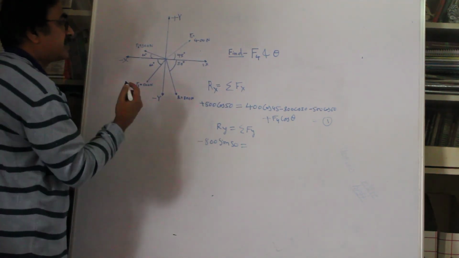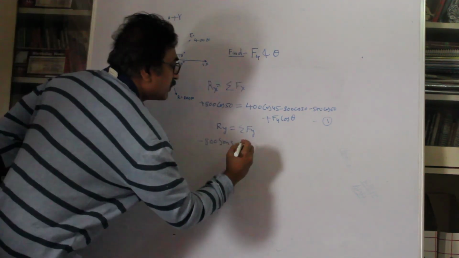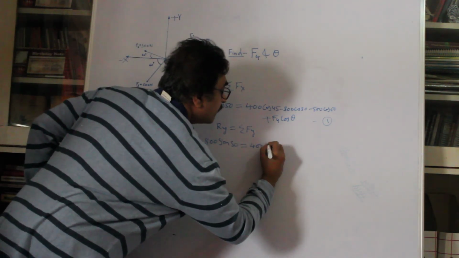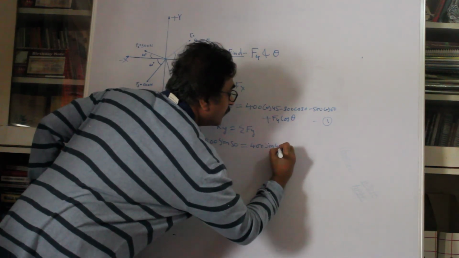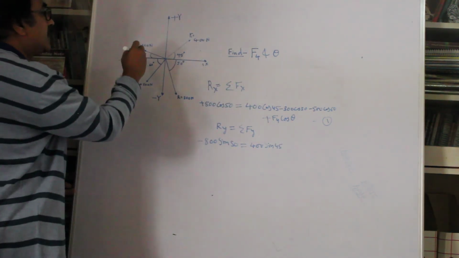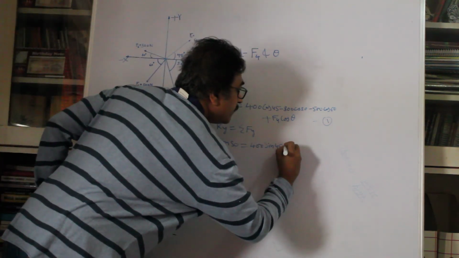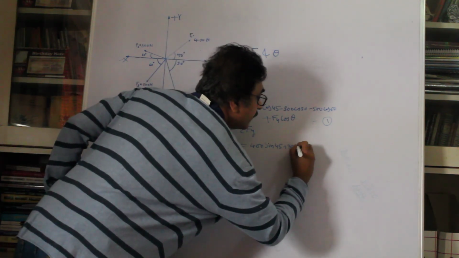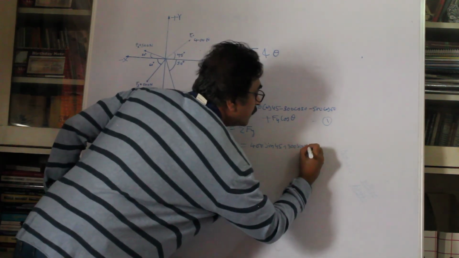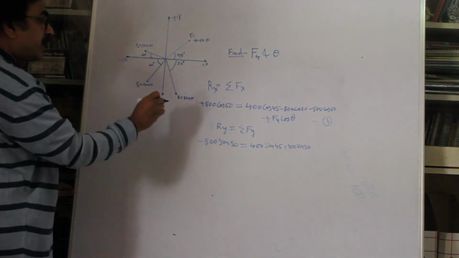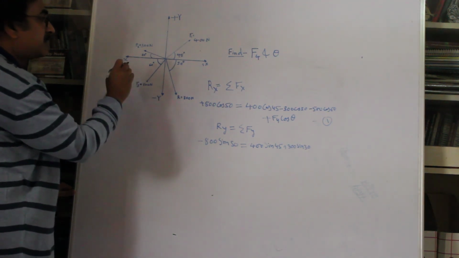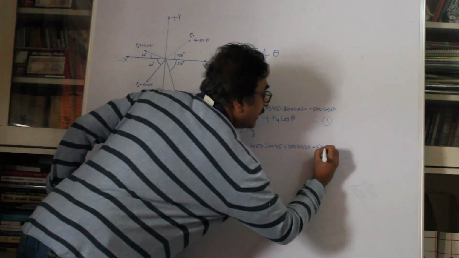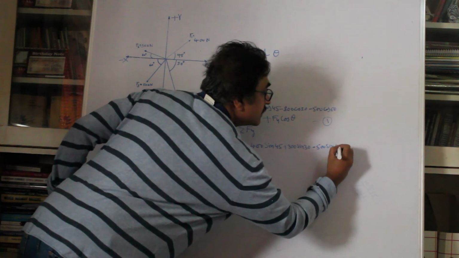Okay. And now again find out the vertical components of all these forces, resolve F1, F2 and F3 in the vertical direction. I'll write it quickly. So this is going to be plus 400 sine 45 plus 300 sine 30. This is going to be in a downward direction, so it's minus 500 sine 60.